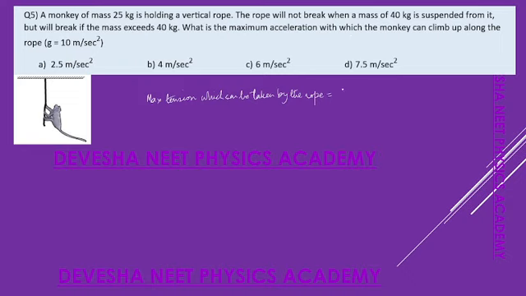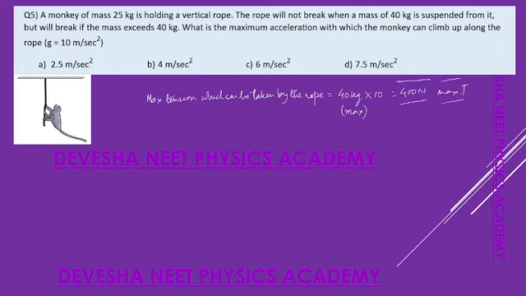It says it can withstand a maximum of 40 kgs, into 10 which is gravity. So it is 400 newtons. This is the maximum tension which can be taken up by the rope.